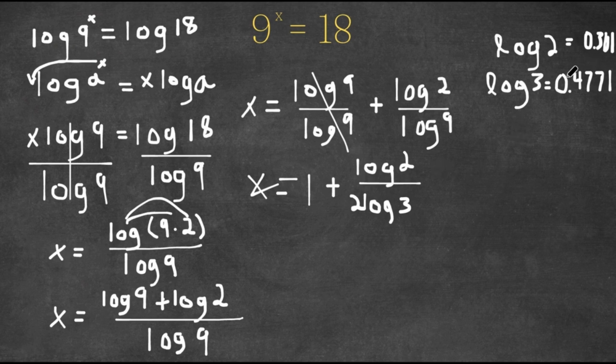So now if I plug in these numbers, we get 1 plus log 2, which is 0.301, over 2 times log 3, which would be 0.9542.